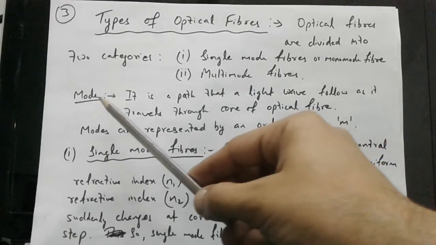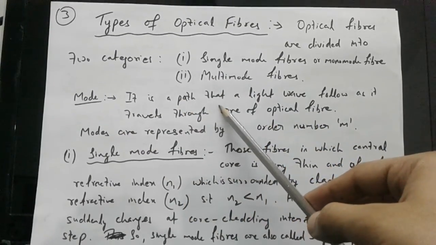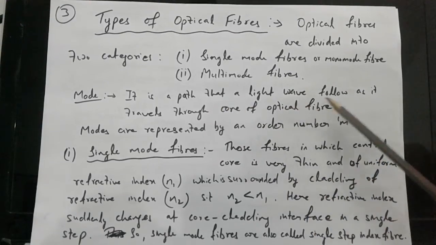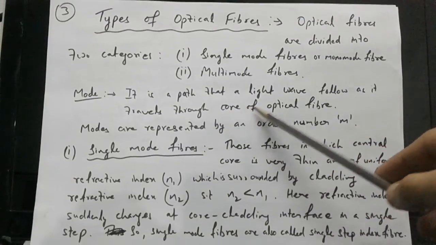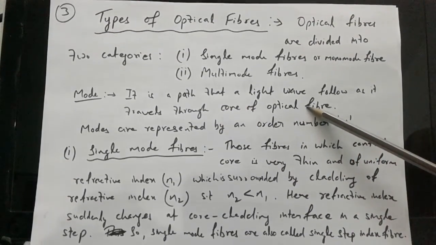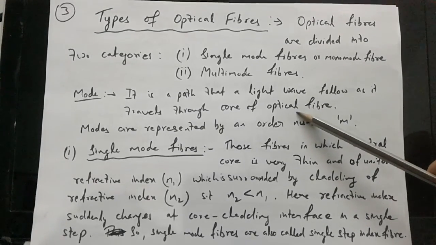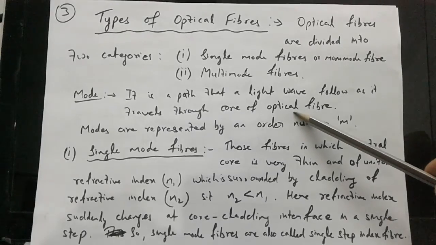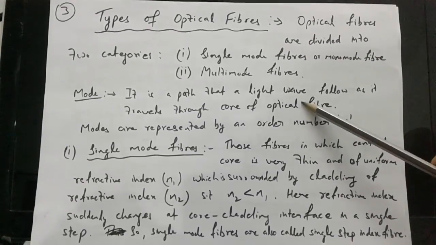What do you mean by a mode? Mode is a path that a light wave follows when it travels through the core of the optical fiber. So the nature of the path decides the mode of the optical fiber.